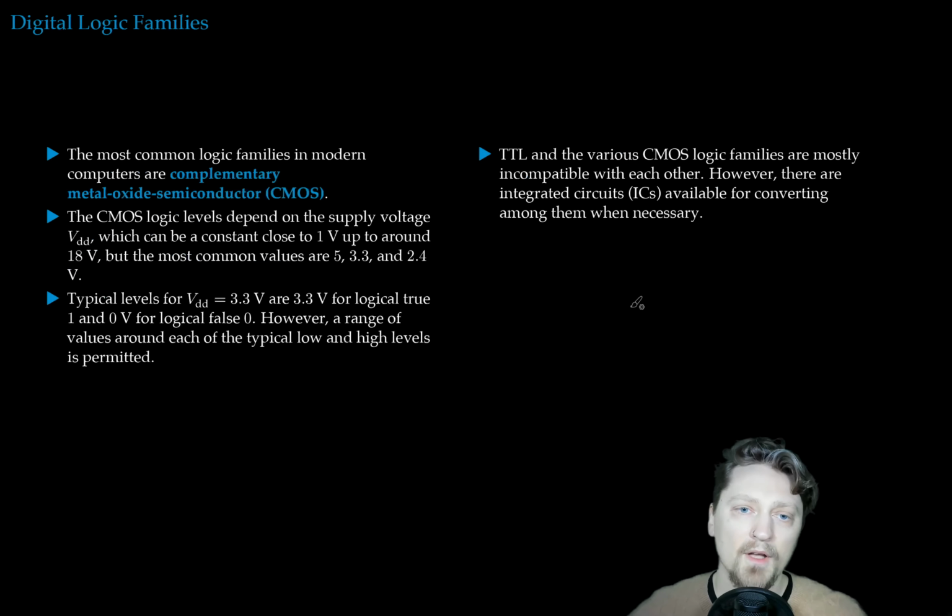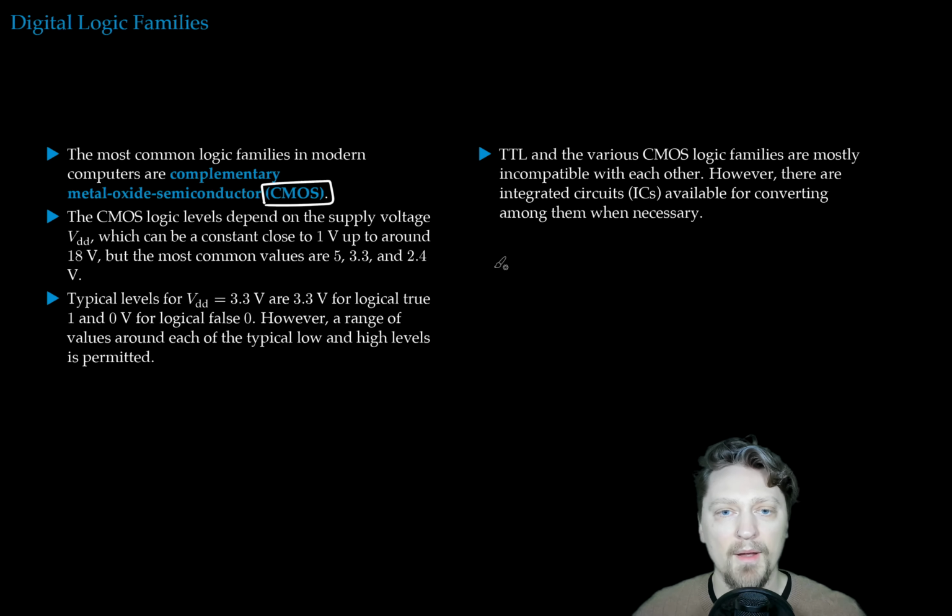The most common logic families in modern computers are complementary metal oxide semiconductor, or CMOS for short. The CMOS logic levels depend on the supply voltage, VDD, which can be constant, close to 1 volt, up to around 18 volts. But the most common values are 5, 3.3, and 2.4 volts.